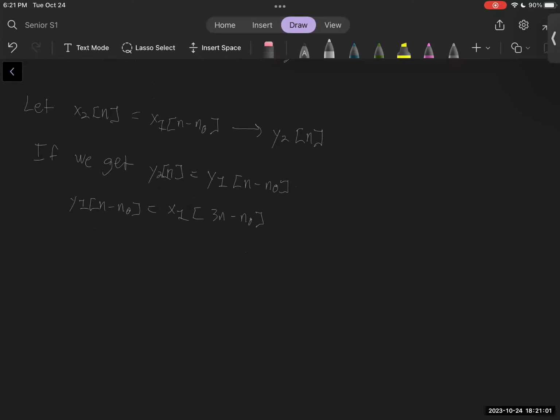So now let's find out what y2 of n is, if we plug in x2 of n equal to x1 of n minus n naught. So we do x2 of n, plug it in, we get y2 of n, which is going to be equal to x2 of 3n.